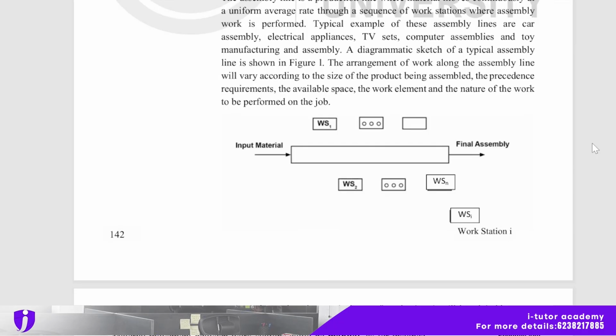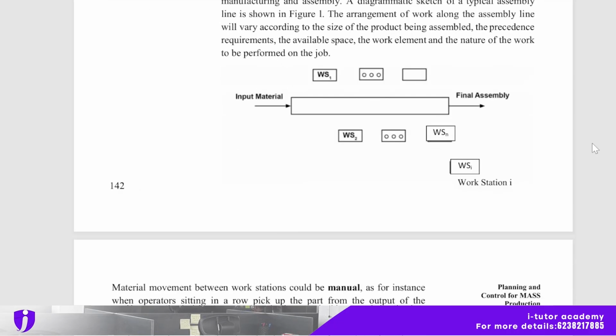A diagrammatic sketch of a typical assembly line is shown in Figure 1, and the arrangement of work along the assembly line will vary according to the size of the product being assembled and the precision requirement, the available space, the work elements, and the nature of the work to be performed on the job. Here is the diagram for workstations.